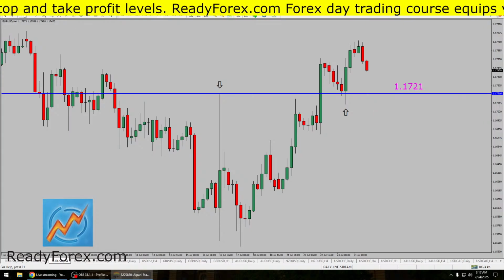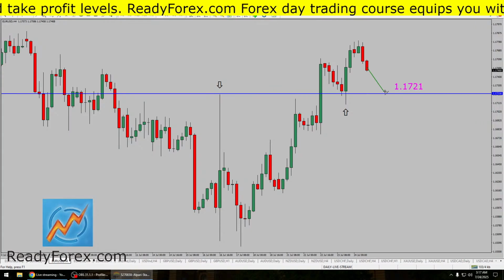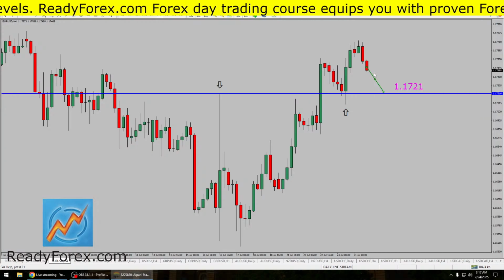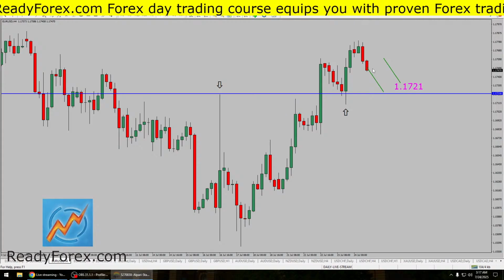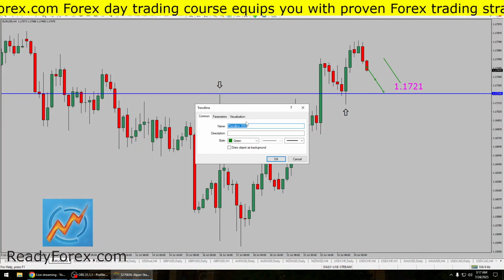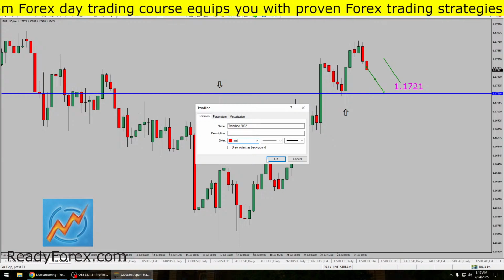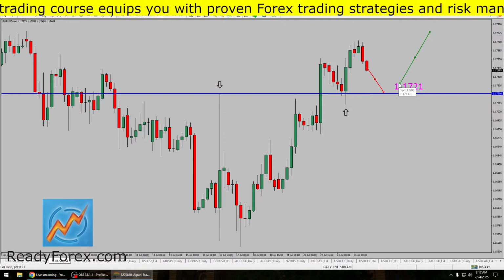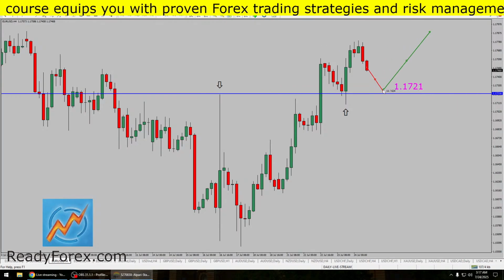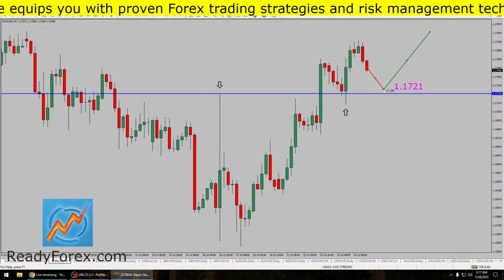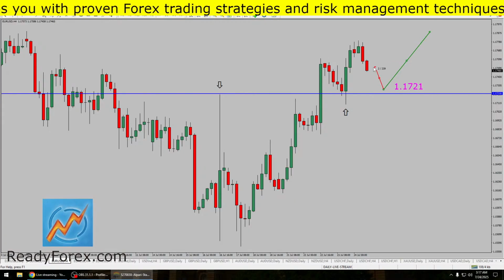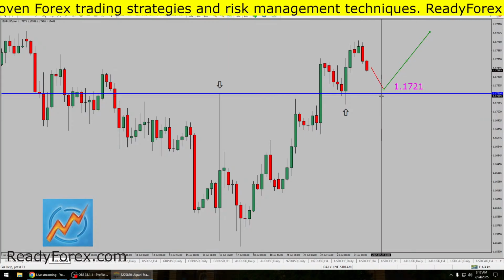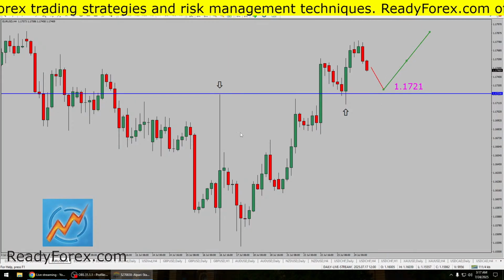What I mean by that is, price action is probably going to drop over here a little bit, just a pullback, just to fool traders, and then expect more upside. So we might get a short-term drop in euro dollar, but then from these lows it's going to rise up further.